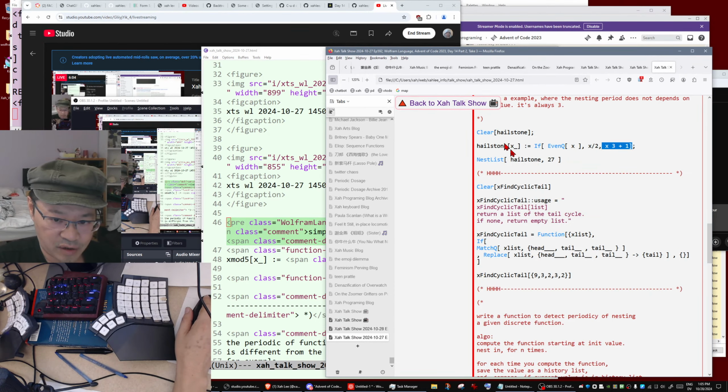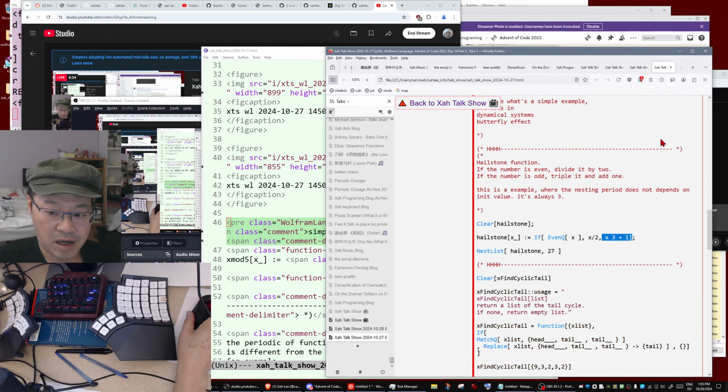The hailstone function, also known as the Collatz conjecture, is unsolved. The conjecture is that the function will always arrive at 1, for whatever input. That's a conjecture that's unsolved right now. So the hailstone function is very interesting.